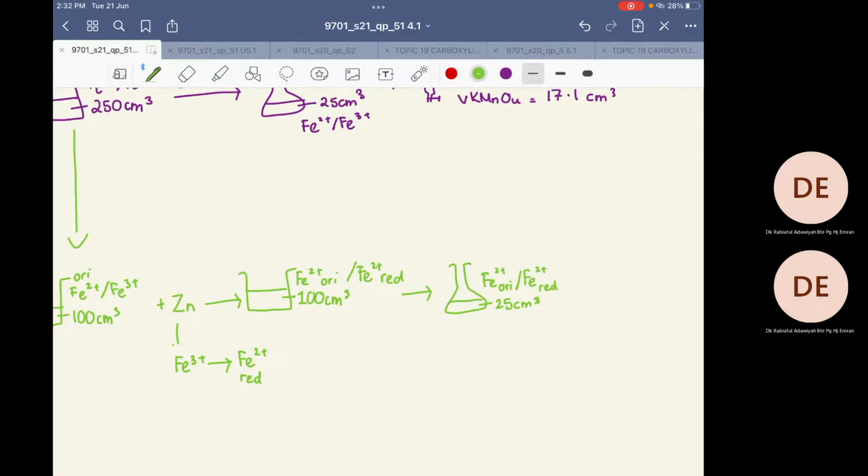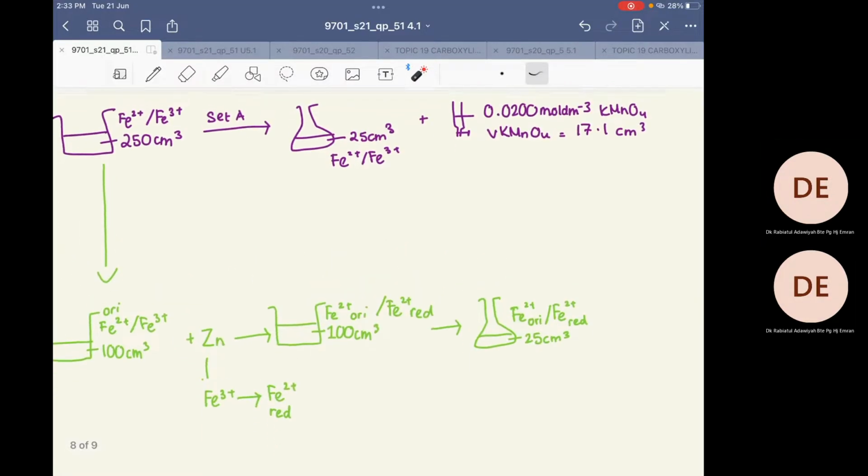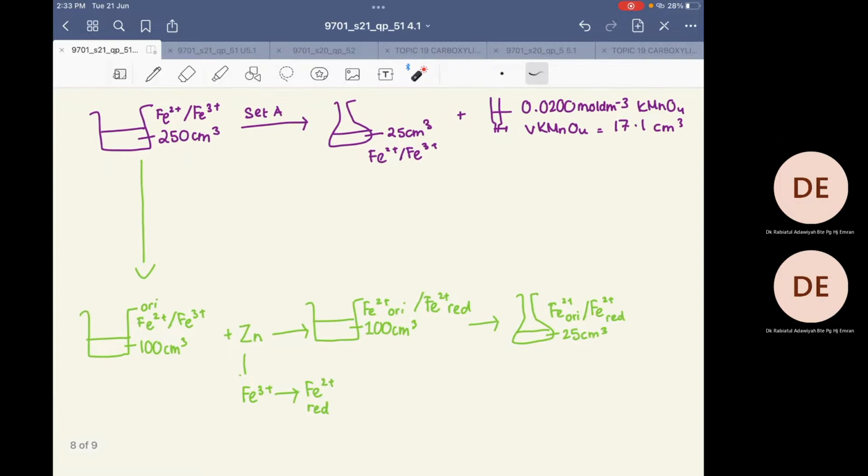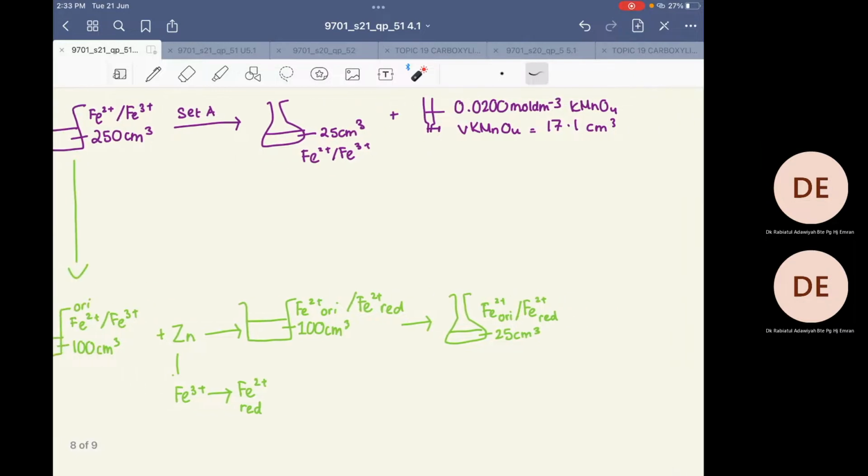You may ask me, why don't I just call it Fe2+ straight away? Because this Fe2+ reduced comes from Fe3+, and I want that information about Fe3+. Okay? The difference between these two titrations is that this contains all Fe2+. This one contains just the original Fe2+. Fe3+ will not get involved in a reaction with potassium manganate.